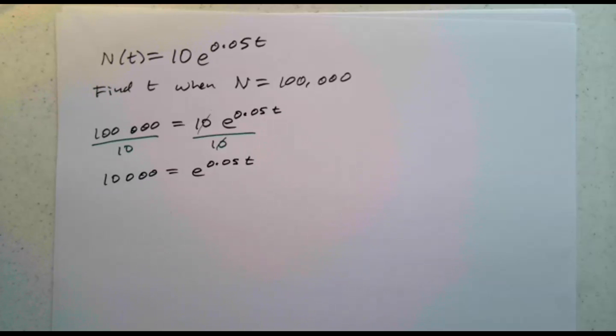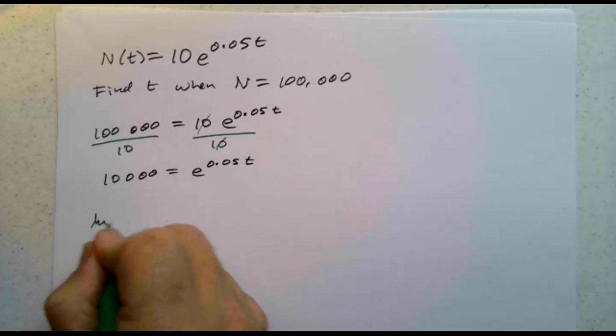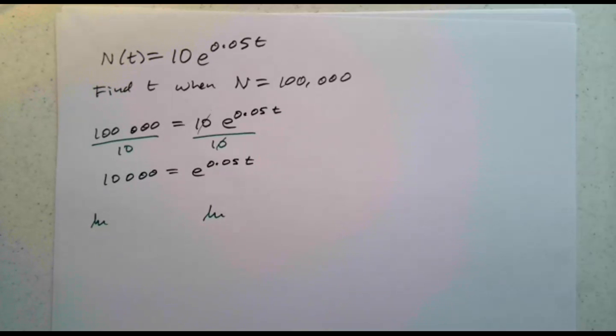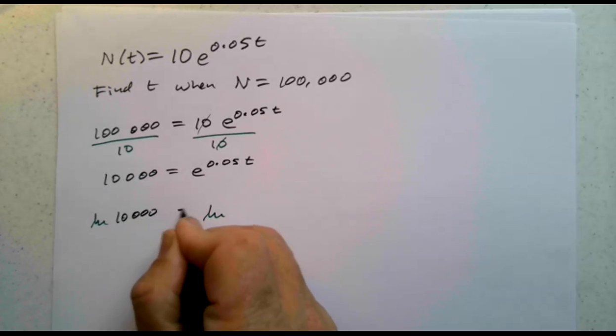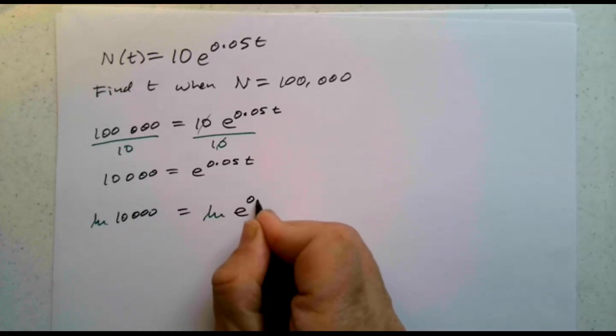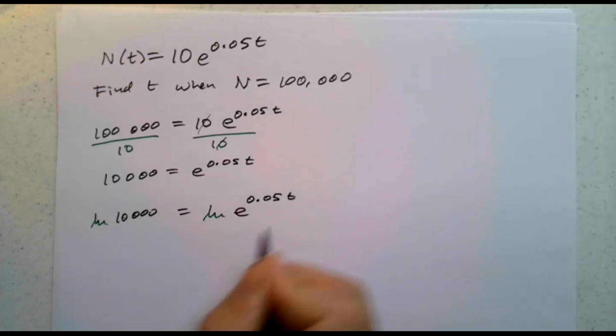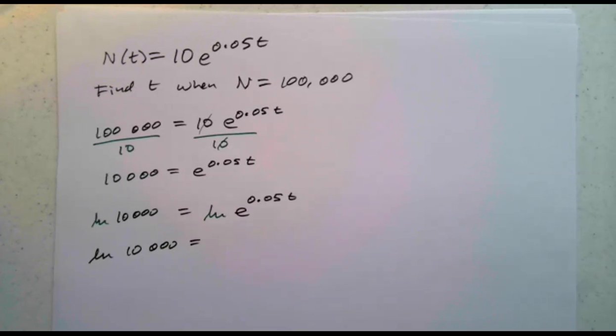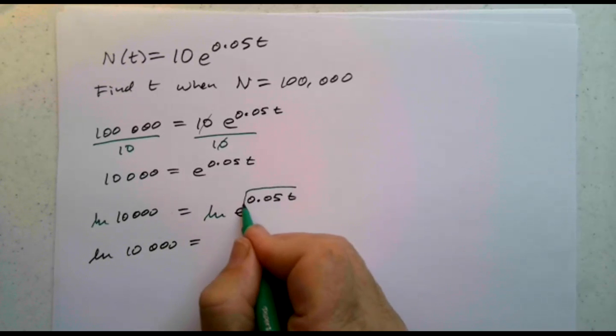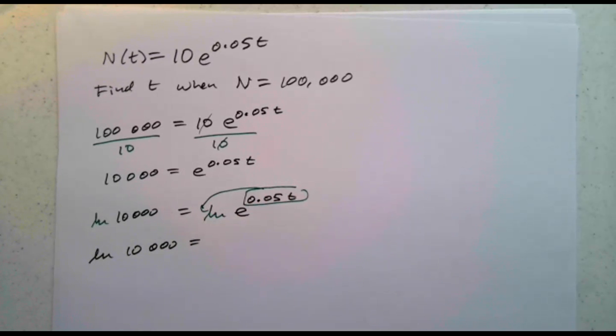Now we're going to go ahead and take the natural log of both sides. Natural log of the left, natural log of the right. So natural log of 10,000 equals natural log of e to the 0.05 t. We can pull the exponent down in front. So this comes down, we get 0.05 t natural log e.